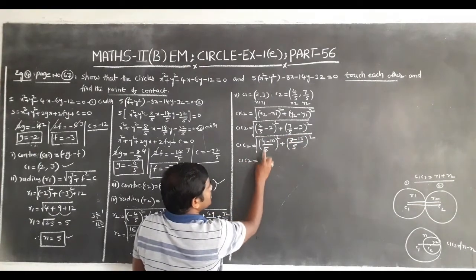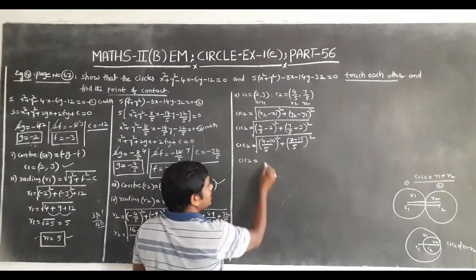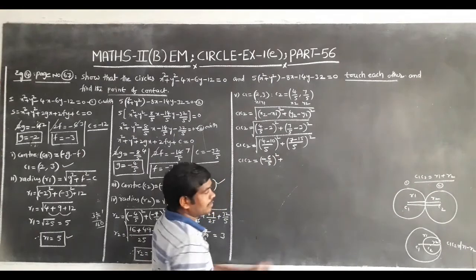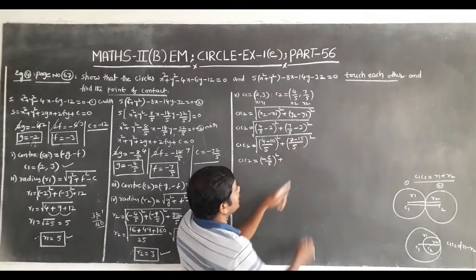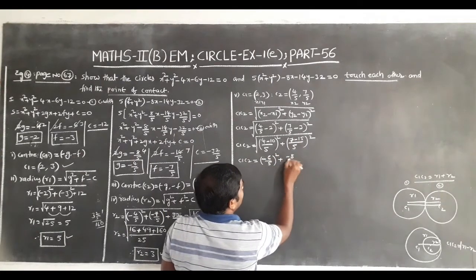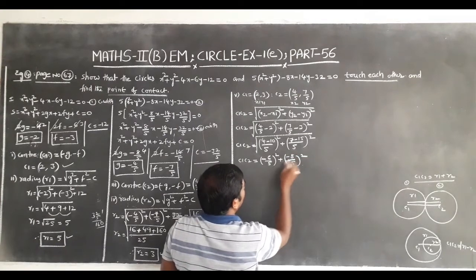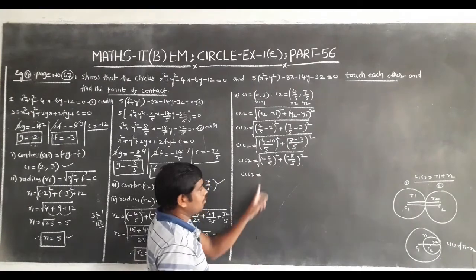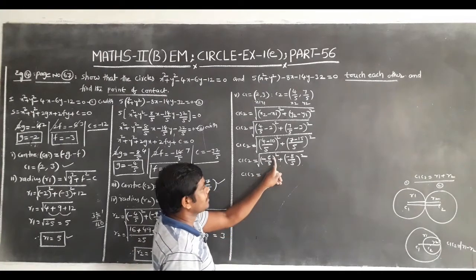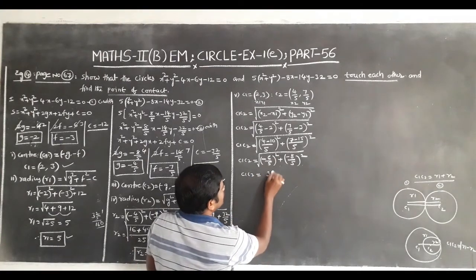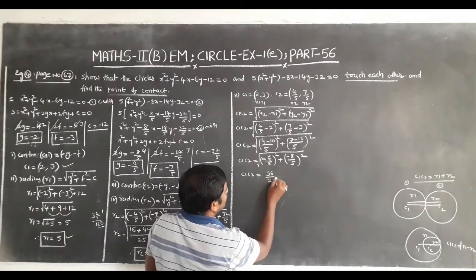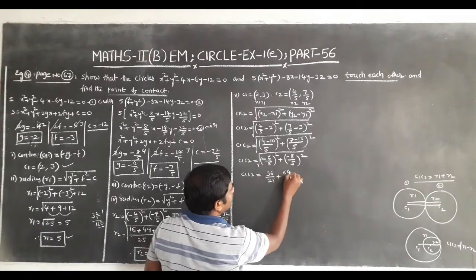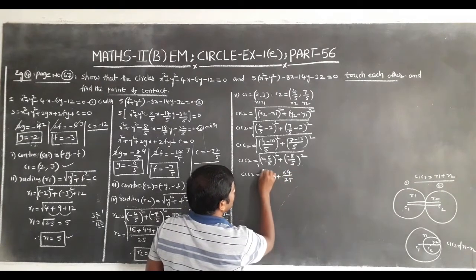C1C2 is equal to the square root of ((4 minus 10) by 5) whole squared, that is (minus 6 by 5) whole squared, plus ((7 minus 15) by 5) whole squared, that is (minus 8 by 5) whole squared. So minus 6 squared is 36 by 25, and minus 8 squared is 64 by 25.